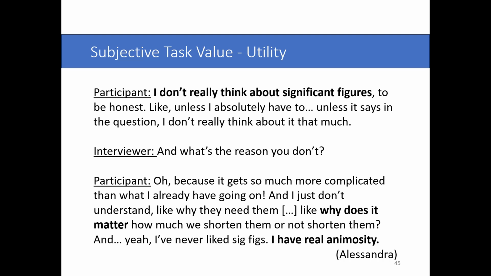And she says, "It gets so much more complicated than what I already have going on. And I just don't understand why they need them. Why does it matter how much we shorten them or not shorten them? And I've never liked sig figs. I have real animosity." I don't know that I've ever heard a student describe any chemical topic as having real animosity. So she was pretty passionate there.